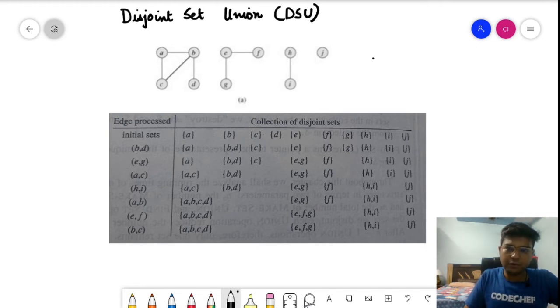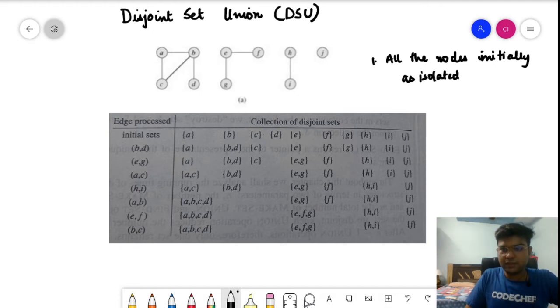It is very important to note that we consider all the nodes initially as isolated. That means each and every node is connected to itself only. The node is only the parent of itself.